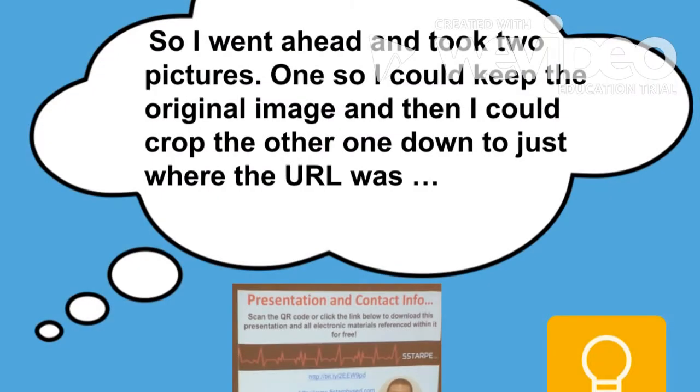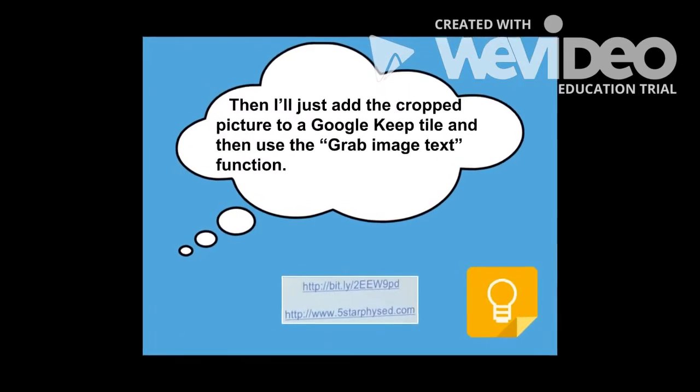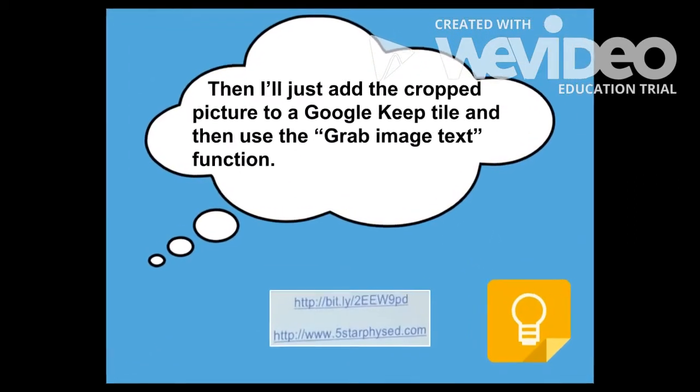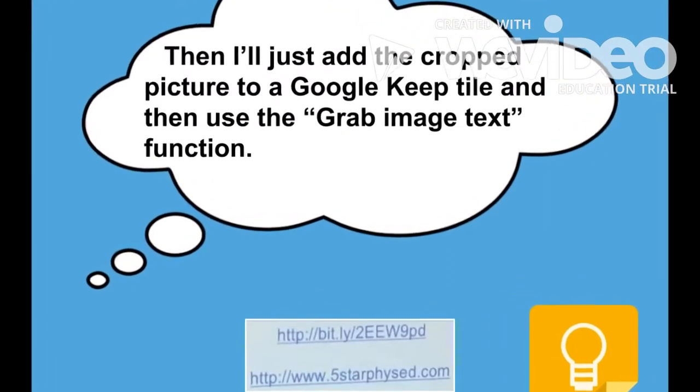So I went ahead and took two pictures, one so I could keep the original image, and then I could crop the other one down to just where the URL was. Then I'll just add the cropped picture to a Google Keep tile and then use the Grab Image Text function.